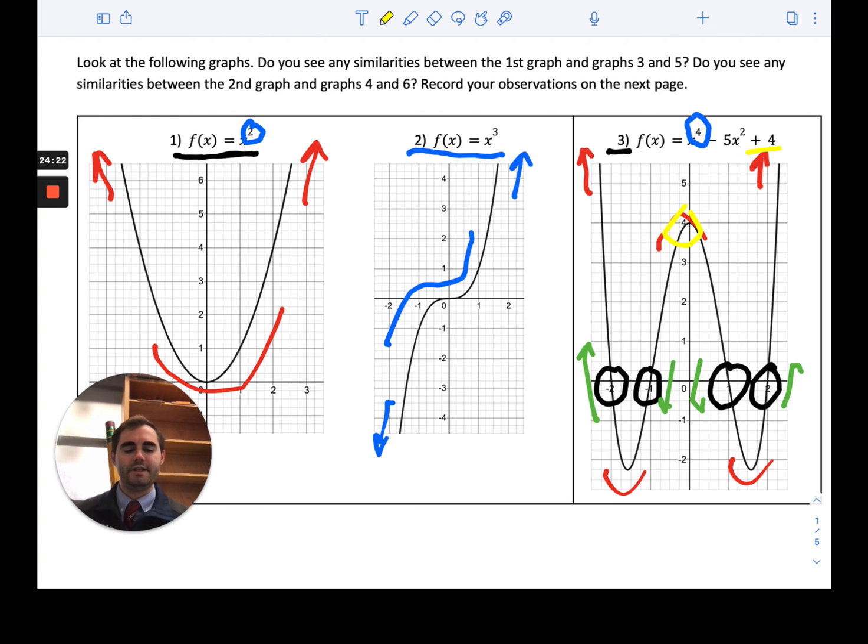If you remember with linear equations, the y-intercept was always whatever we were adding on after our mx. Remember y equals mx plus b. Whenever we had a b term at the end, that was where we were crossing the y-axis. And as it turns out, with polynomials, it's the same thing. Whatever number we're adding on to the end is our y-intercept.